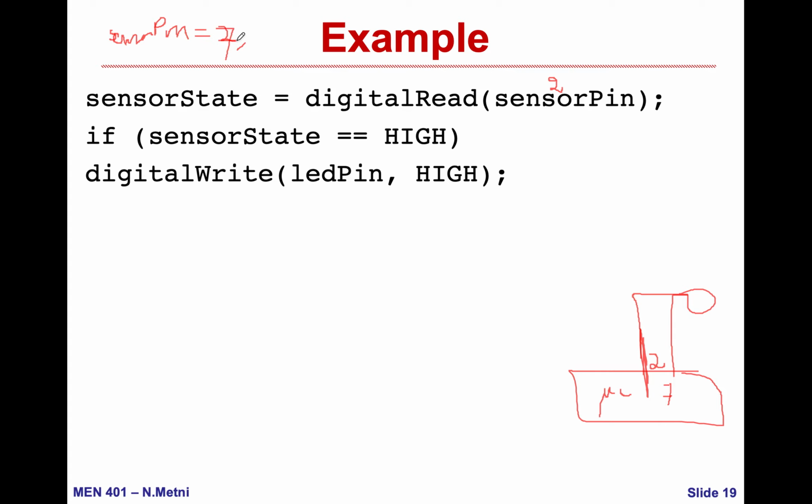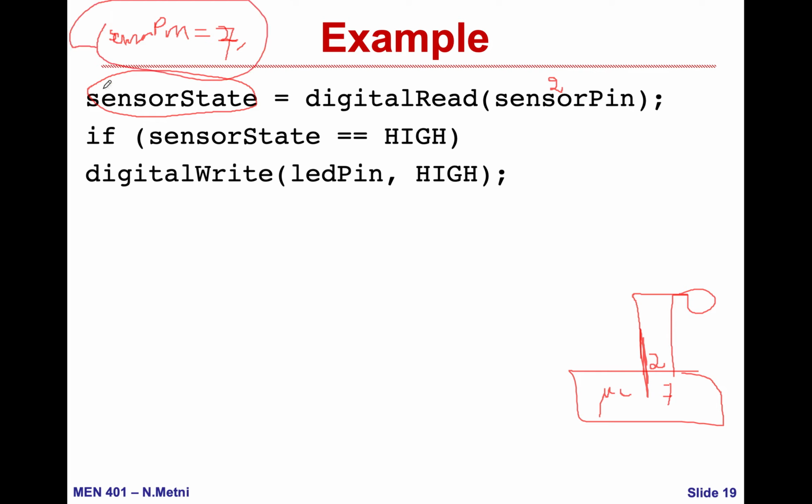For example, I can name pins temperature pin or proximity pin, to understand which sensor is connected to which pin. So take this case here, sensor state. This is a proximity sensor, so it gives me high or low depending on the obstacle I am facing. Sensor state is an integer or a boolean, depending, also defined in the void setup.